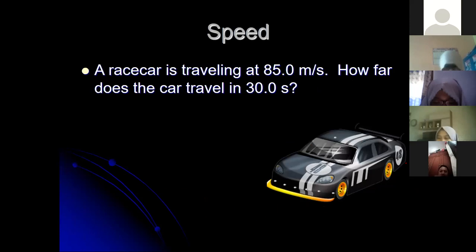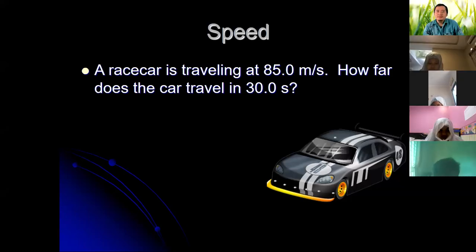How far does the car travel in 30 seconds? What? For 85 miles? Meters. Meters, good. Sorry. Okay, anyone else? How far does the car travel in 30 seconds? Maybe one of you, please.